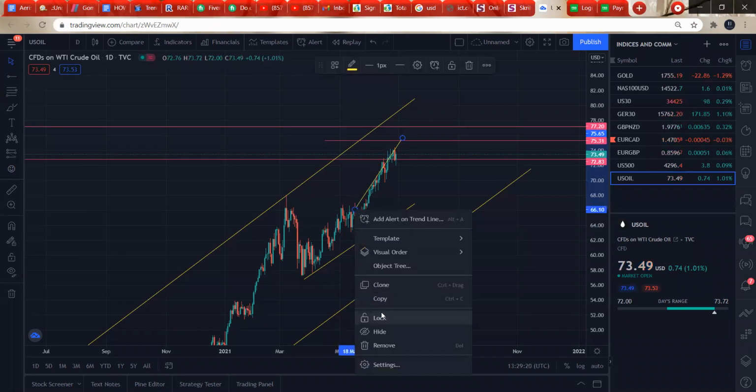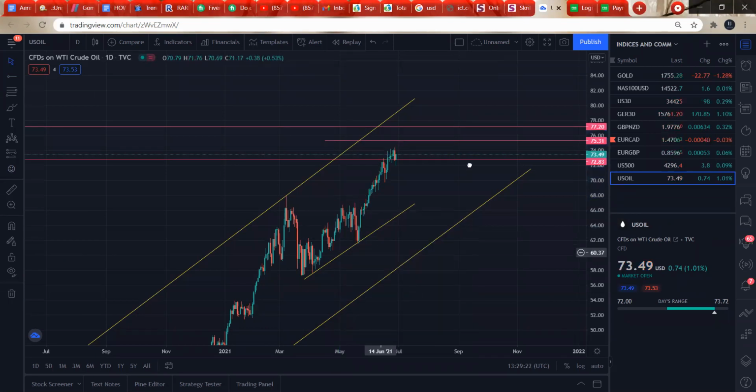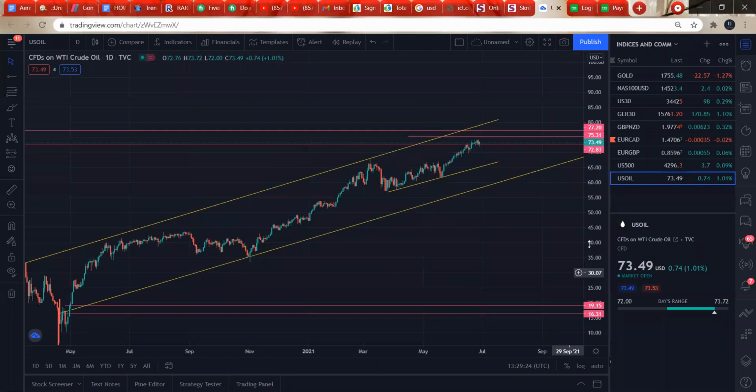Because the way it's going up now, you can see how strong the impulse was, but now it's just starting to correct. Small candles, low momentum candles, that's a correction.